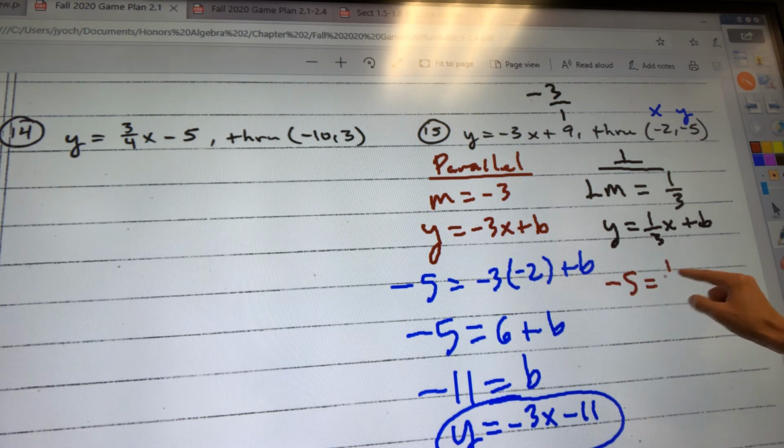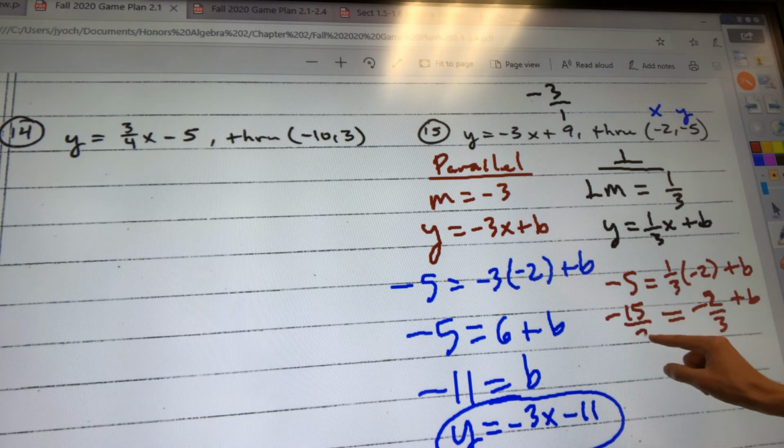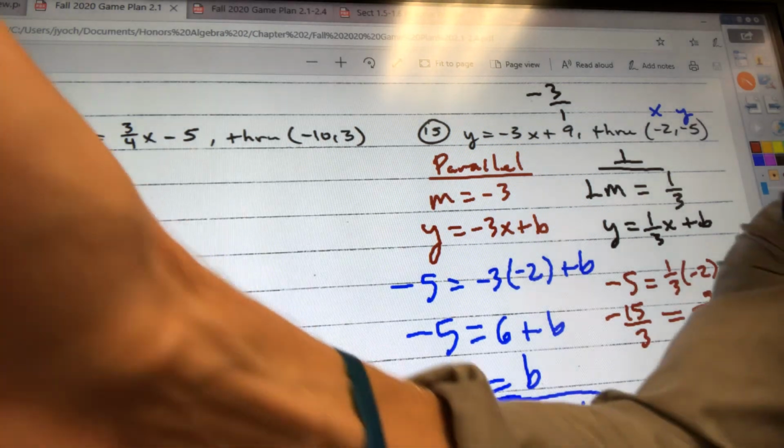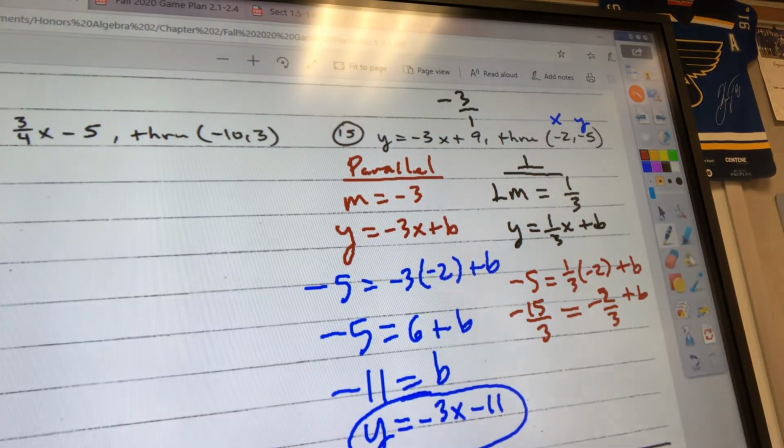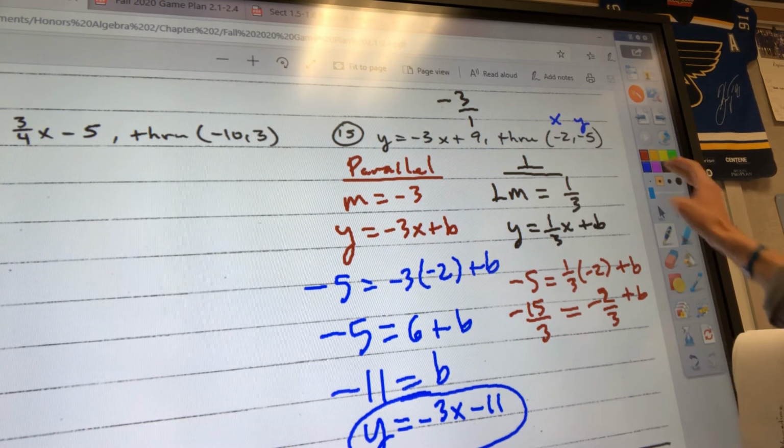Negative 5 is equal to 1/3 times negative 2 plus b. This is a negative 2/3 fraction. So I'm going to call negative 5 negative 15/3, multiplied by 3. Why 3? Because you're going to add 2/3 to it. You can add or subtract fractions if you have the same denominator.